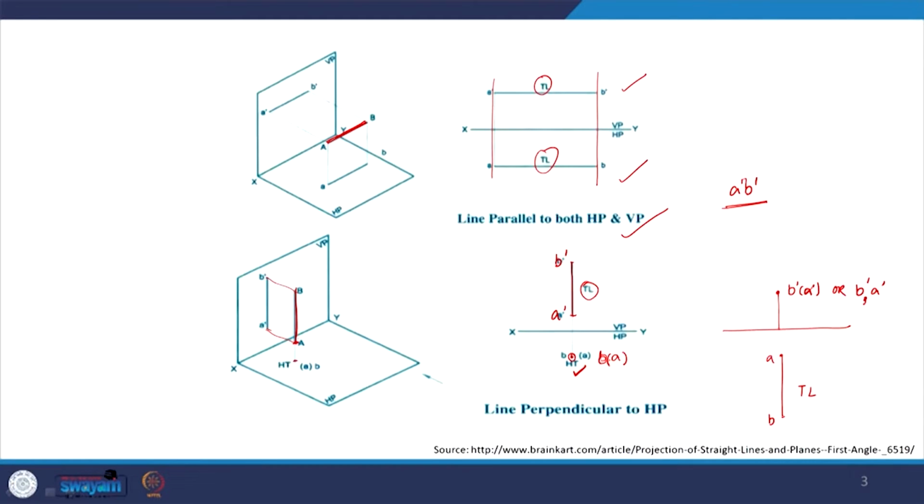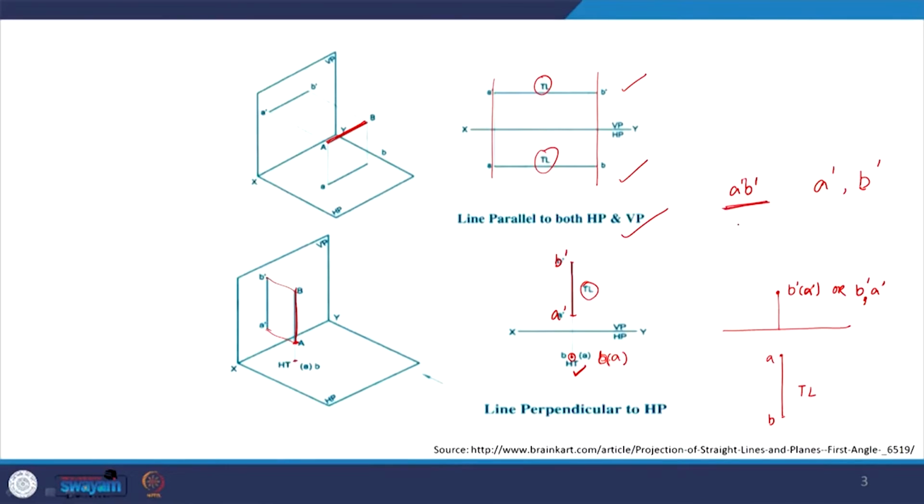If we write A dash comma B dash, it means these are two distinct points, A dash and B dash, while if we write A dash B dash, it means that this is one single line. So if the line is perpendicular to VP, we will see this, while if it is perpendicular to HP, we will see like this. Very similar, but just flipped.